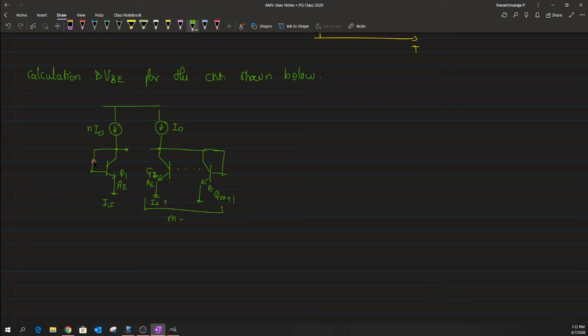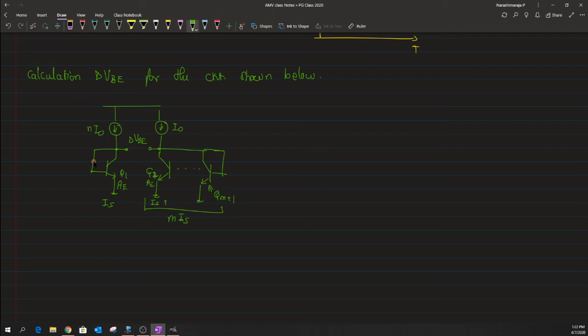Since all these are combined in parallel, we end up with a total saturation current of m times Is. That is the factor we have here, just because there are m such parallel transistors with the same emitter area as our Q1 structure. Now we just want to calculate this delta VBE out of this expression.